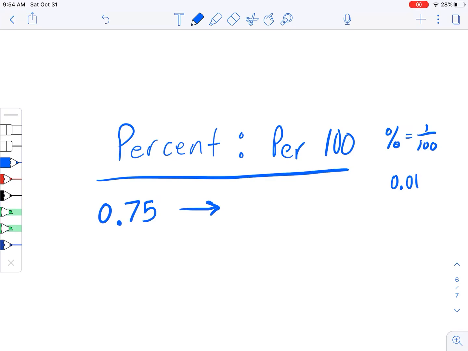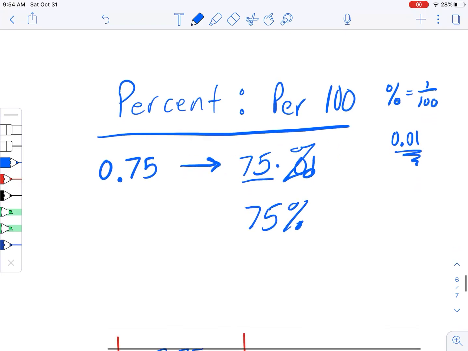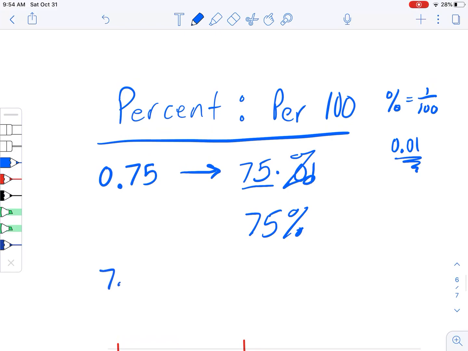My percent symbol is going to mean 0.01. So what number times 0.01 would give me 0.75? I'd get 75. So what I really have is 75%. So 0.75 equals 75%.